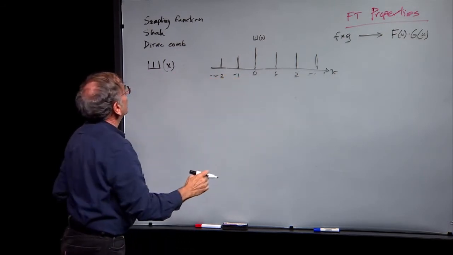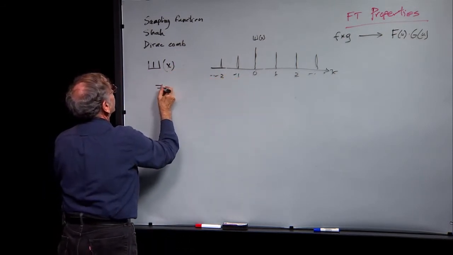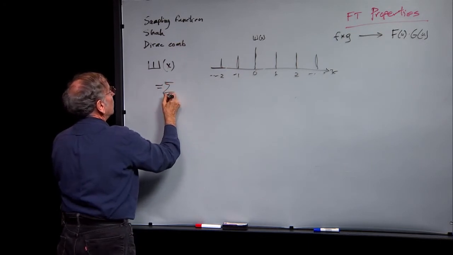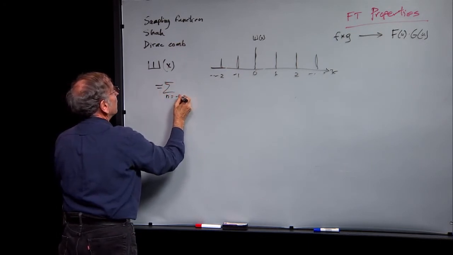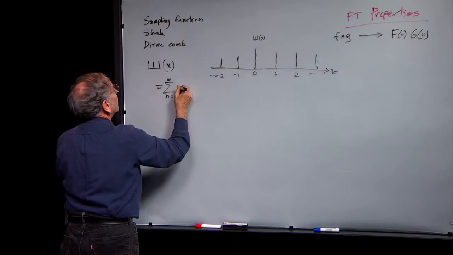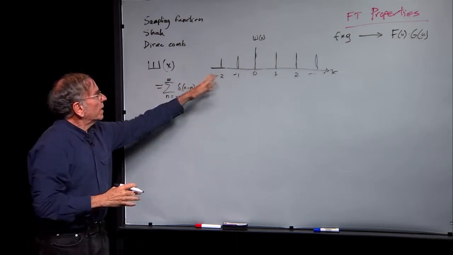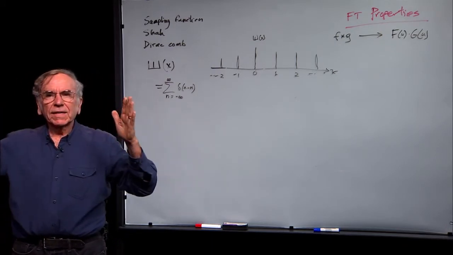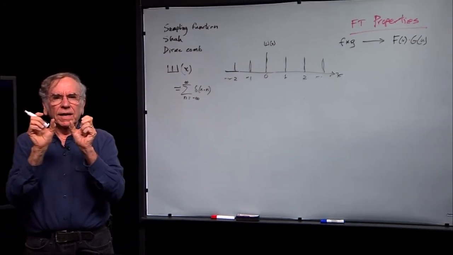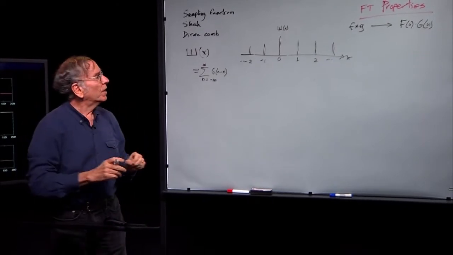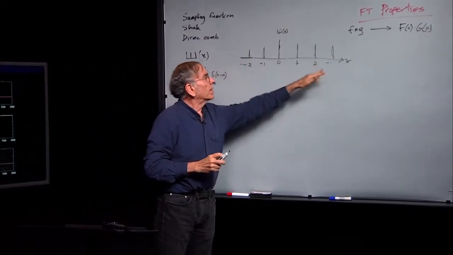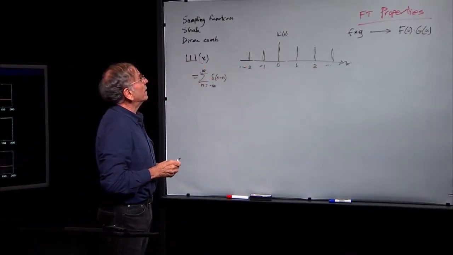And these go on to infinity. So Shah of x is equal to the sum over n from minus infinity to infinity of delta of x minus n. So it's an infinite series of delta functions, all spaced 1 unit apart along the x direction.